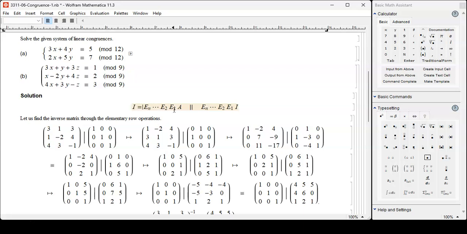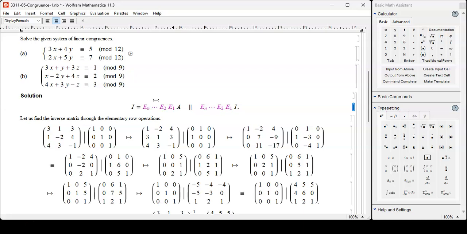Then that means this part here, which I just highlighted in purple, is the inverse matrix of A. And to the right, I started from I and did exactly the same thing. So we have I, which is the identity matrix, so we just have the purple matrix, the same matrix, and that's the inverse matrix. So what we see on the right-hand side is the inverse matrix you're looking for.